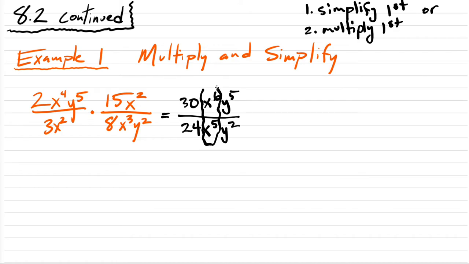So we've got an x^6 divided by x^5, so you do subtract their powers. Do you remember where I write the answer? On the top. So x^(6-5) would be x to the first on the top. And I can write a 1 or I can leave it blank.